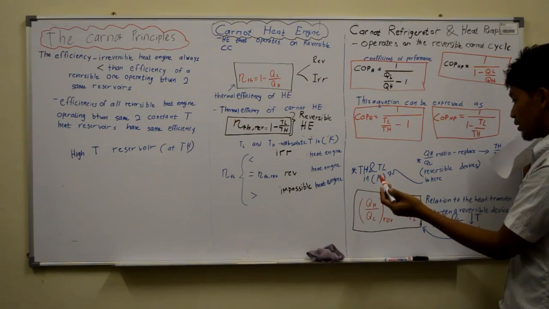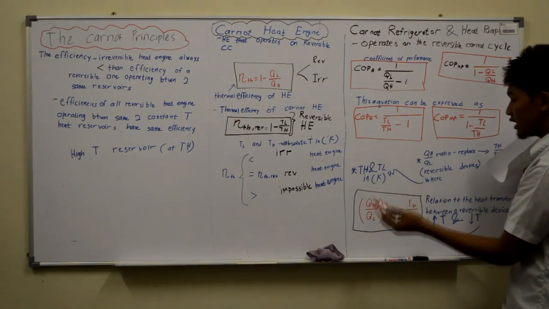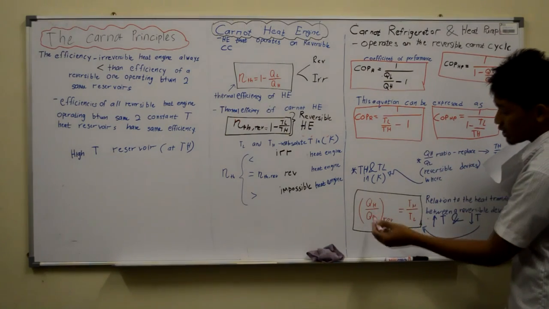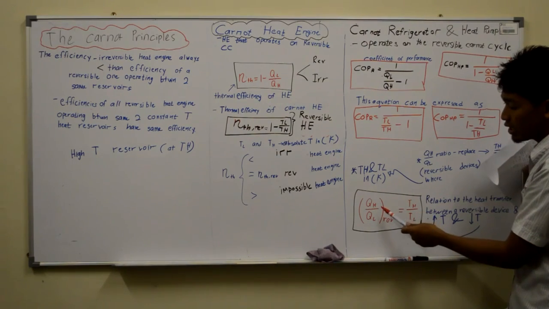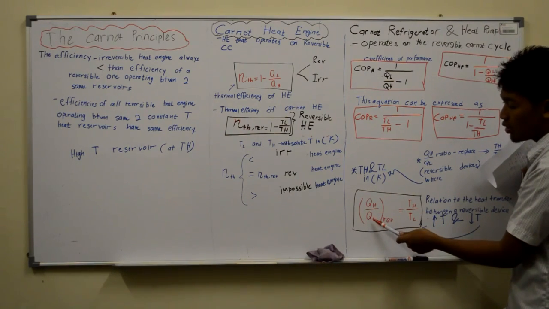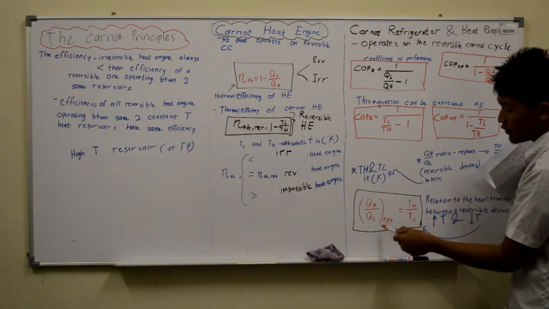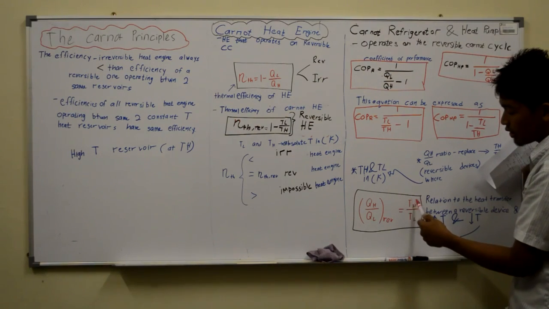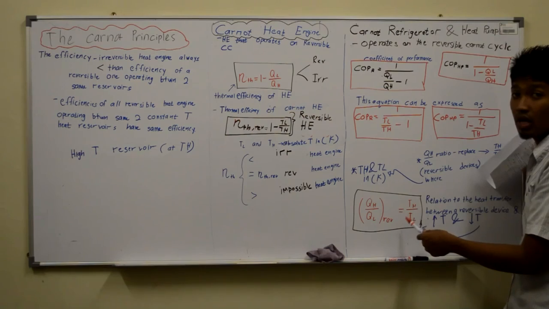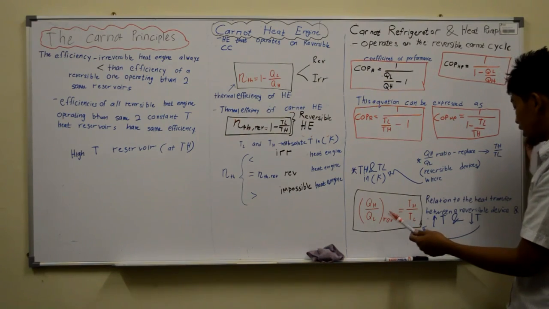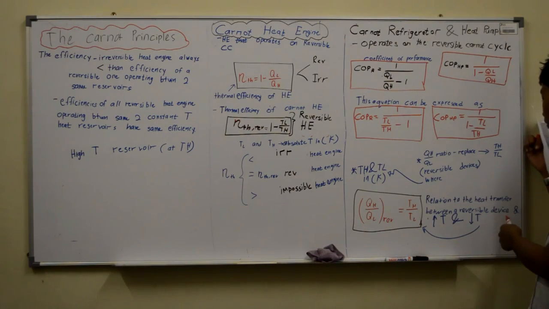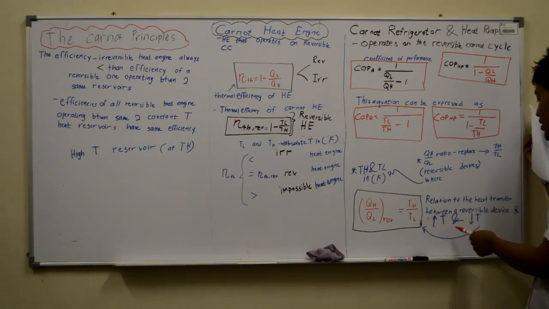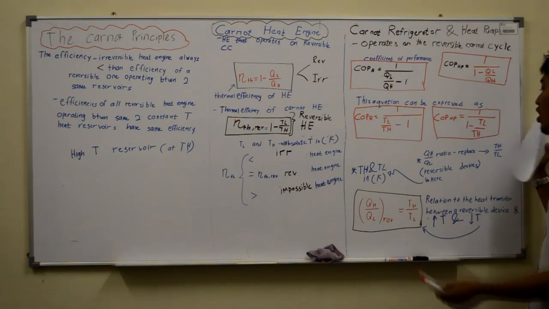So finally, the relationship of this formula can be written like this: QH, which is heat at high temperature, divided by low heat QL, for a reversible device, is equal to high temperature divided by low temperature. So the heat transfer relationship between the two reversible devices at high temperature and low temperature depends on this equation.